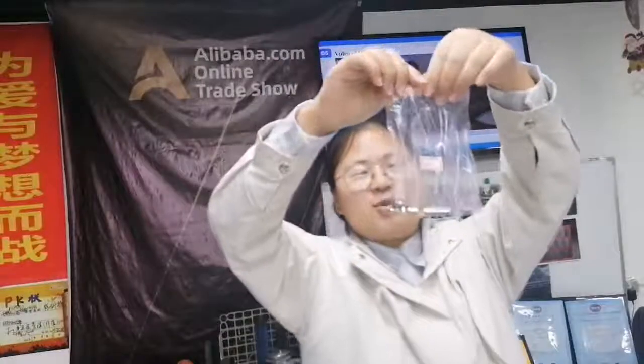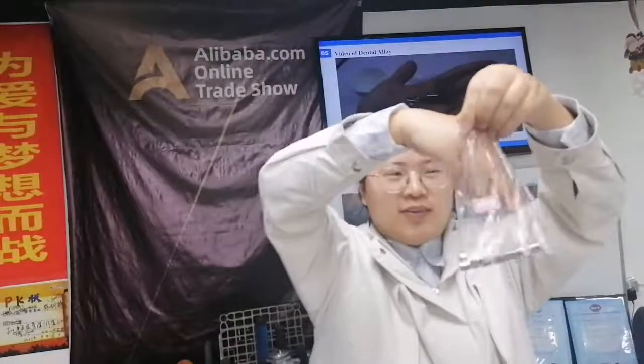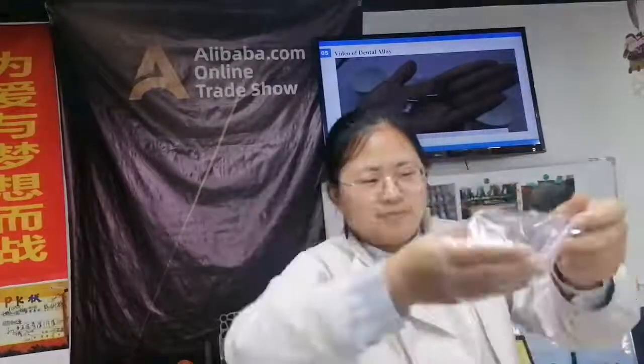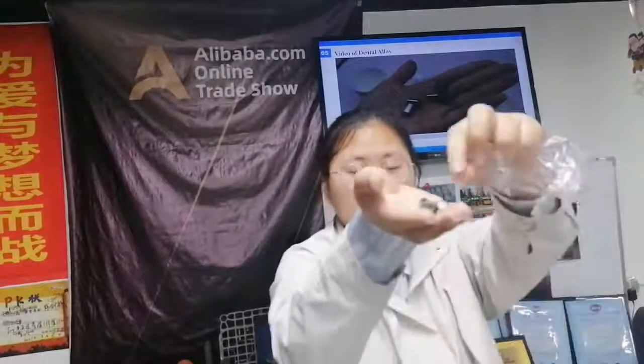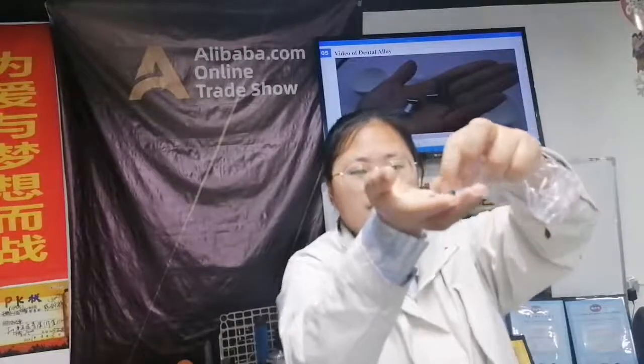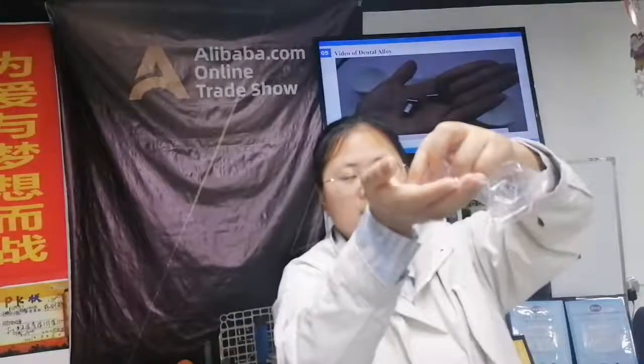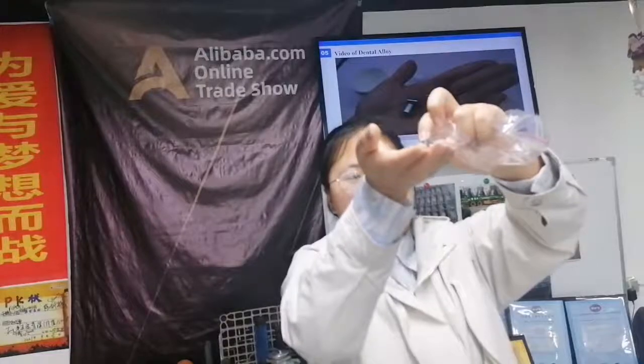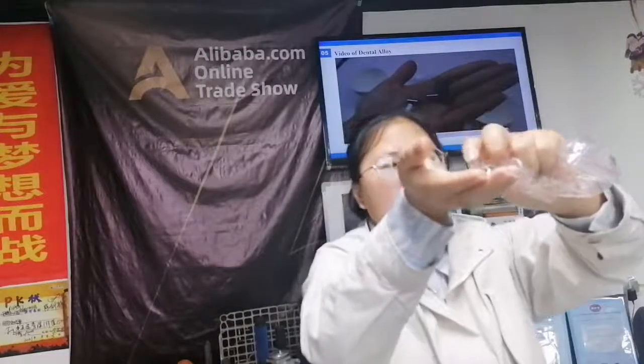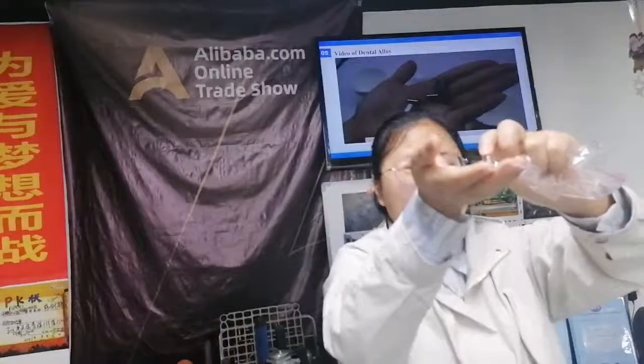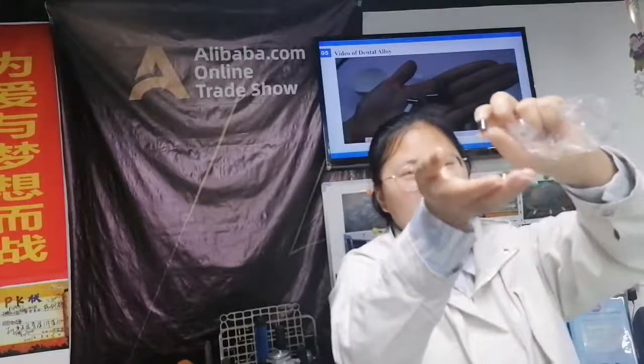This one is cobalt chromium dental alloy. You can see the size is diameter 6 mm and the length is 8 mm.